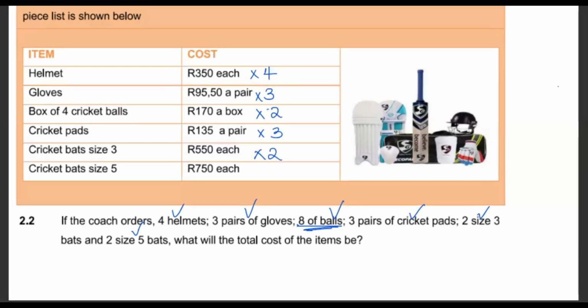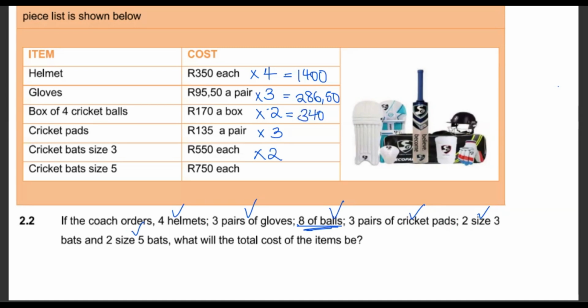So here we go. We have 300 times 4, which is 1,400. Then 95.50 times 3, which is 285. Then 170 times 2, we have 340.